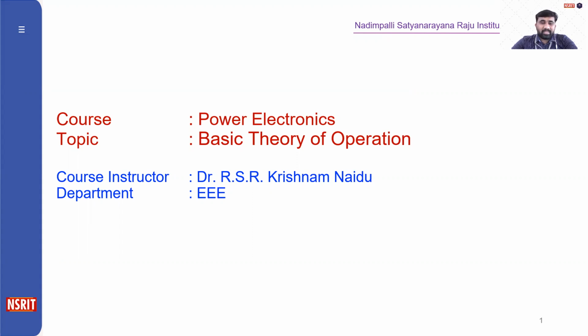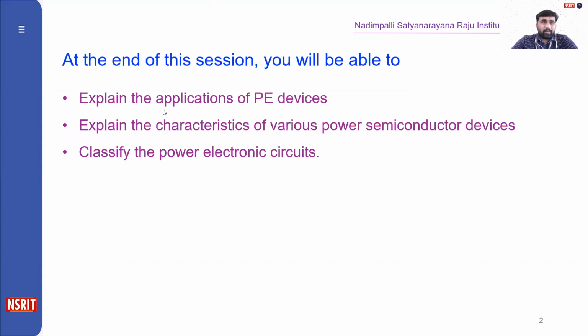Today we are going to discuss the course on power electronics, and the topic is basic theory of operation. At the end of this session, you will be able to explain the applications of the power electronic devices.